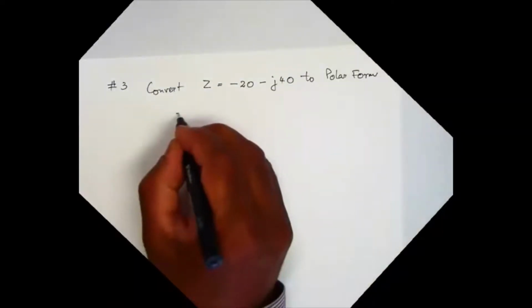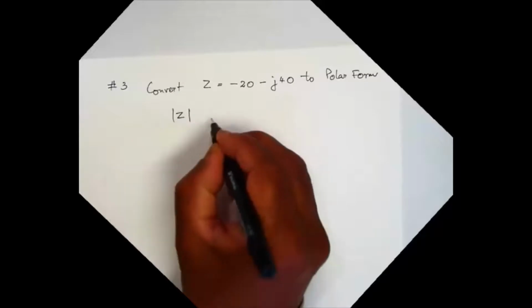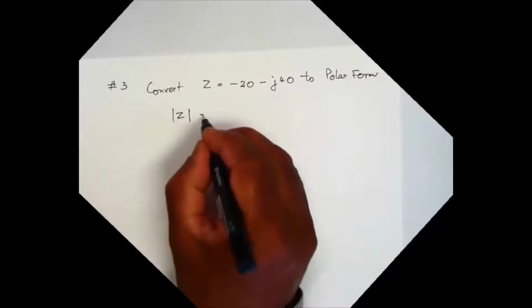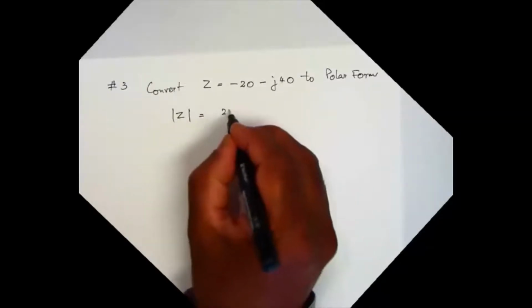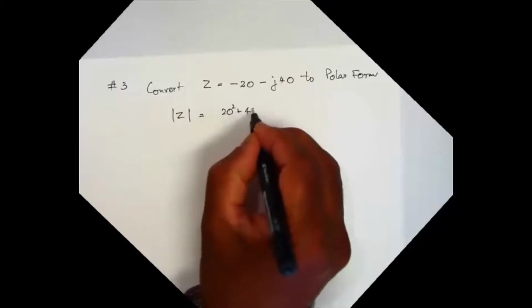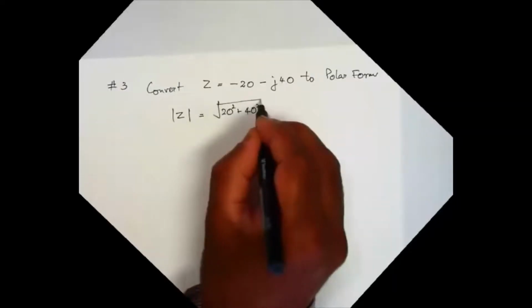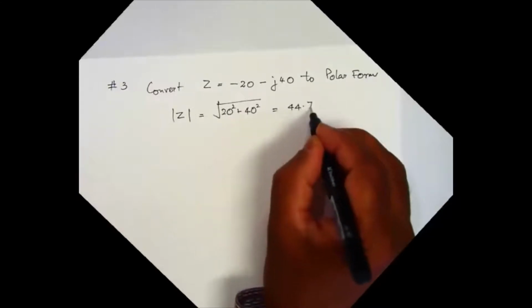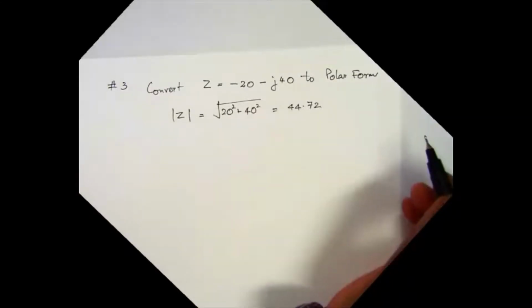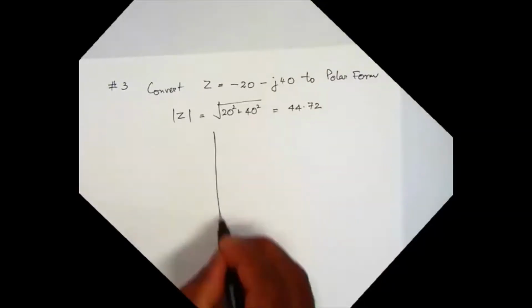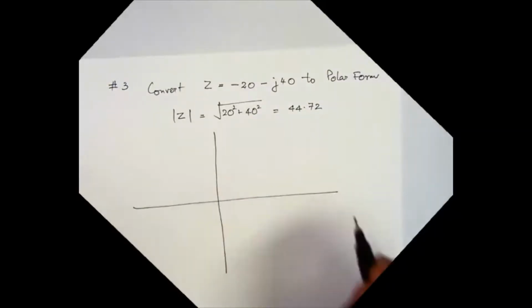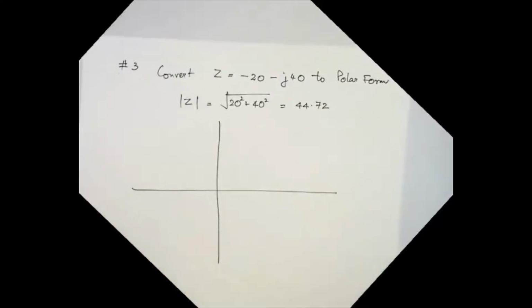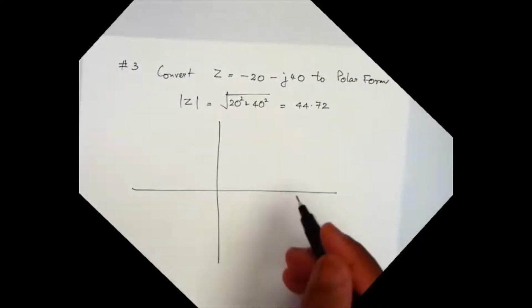So let's write the modulus, that is the square root of 20 squared plus 40 squared, which is 44.72, and then let's find where the actual phasor, or the vector, is.